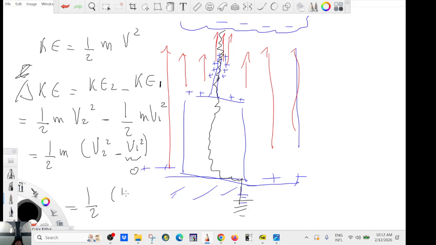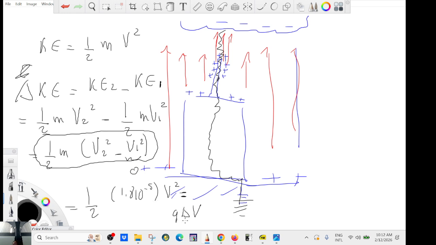So that will be 1/2 the mass, which is 1.8 times 10 to the negative 5, v squared, and that should equal the charge times delta V. This change of kinetic energy, you want to write it this way, and usually instead of 1/2 you put 0.5.